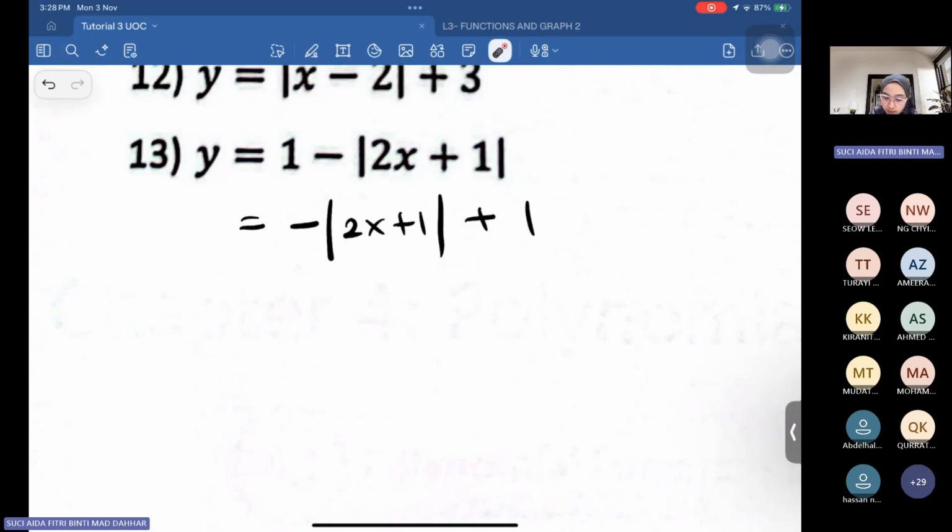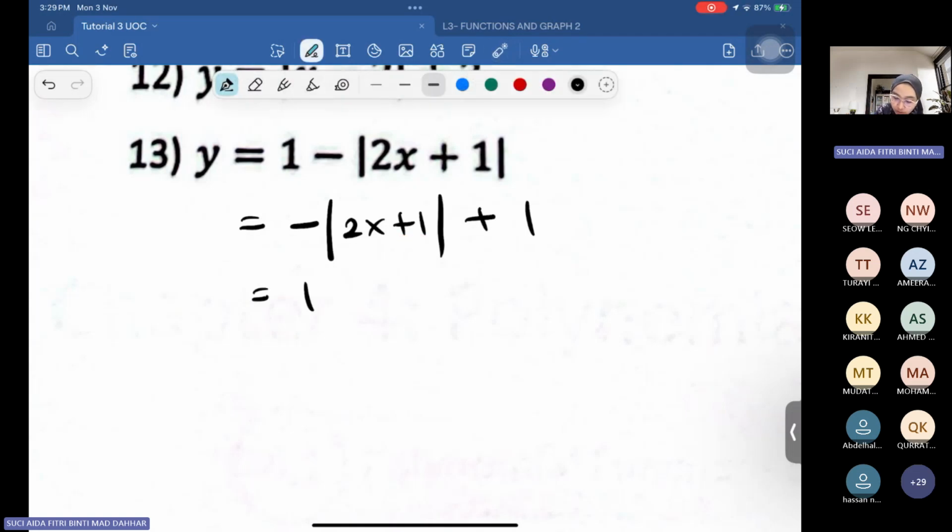And also inside the x, there's two things happening. Okay, your x has been multiplied by 2 and also there's adding by 1 here. So remember, I like them to be written in factorized form so that this becomes 2 of x. This becomes half, right? And then +1.